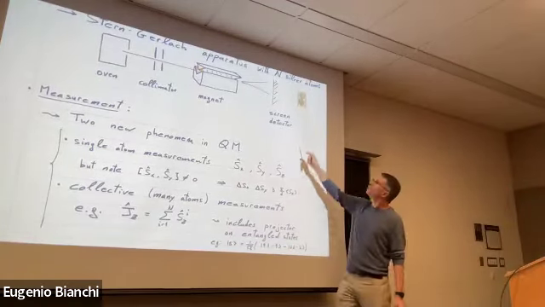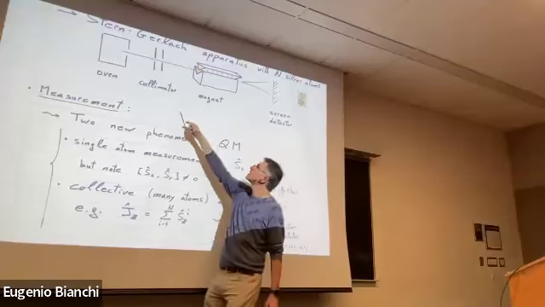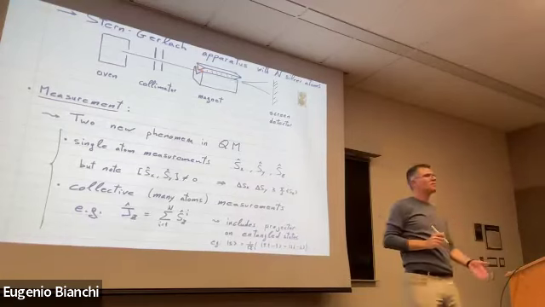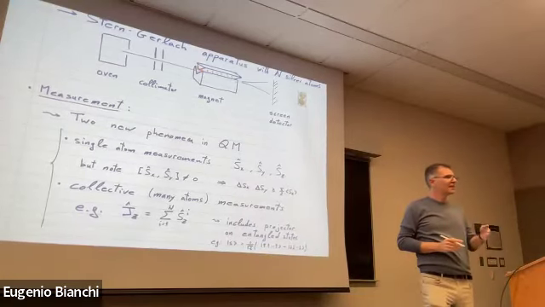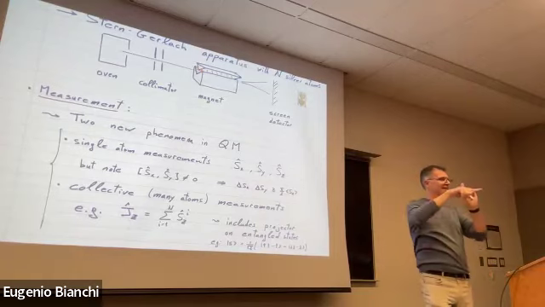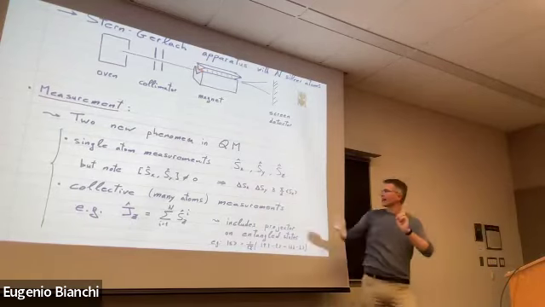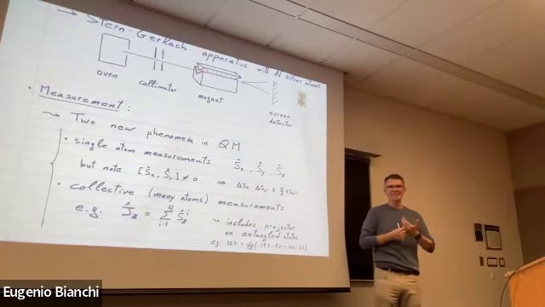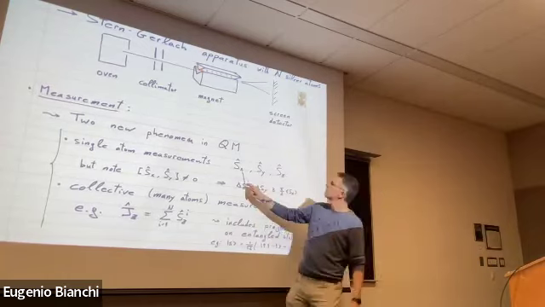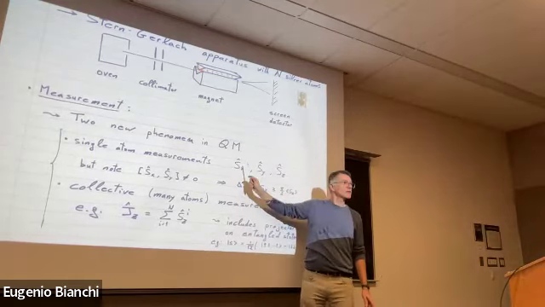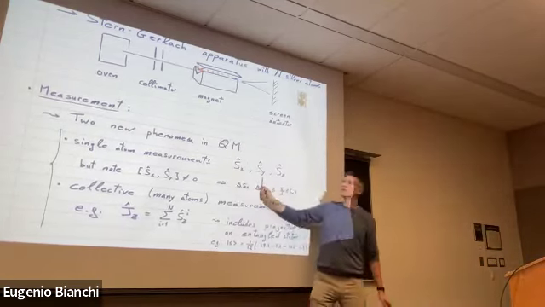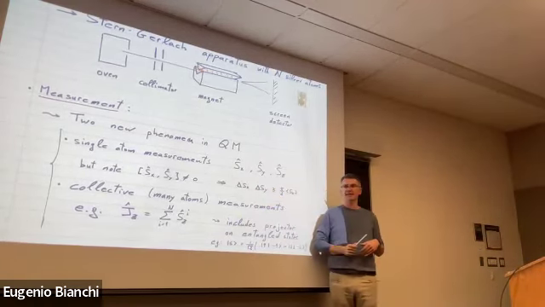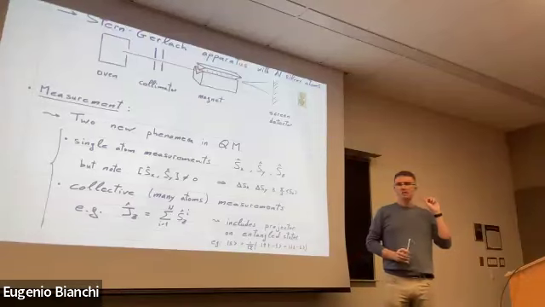First is that if I do it one by one, if I have this collimator such that I get 1 silver atom at a time, I still cannot measure for each one of them Sz and Sx. They don't commute. There are Heisenberg uncertainty relations for them. So if I want to collect statistics, I have to prepare and measure this one, do statistics of this, then prepare again and measure this one and do statistics of this, and then collect the statistics of all of these things. That's the first non-trivial point.